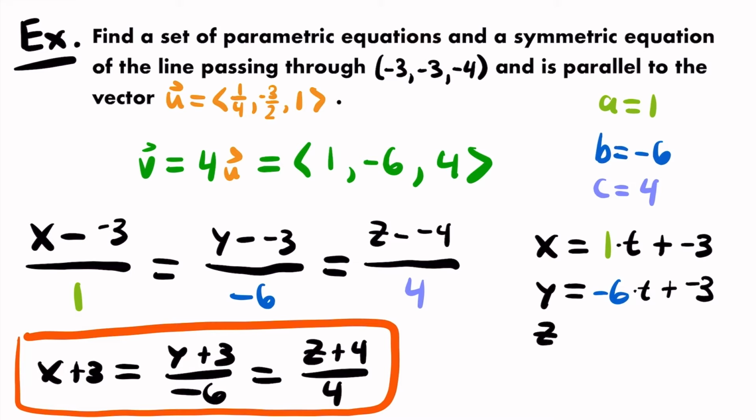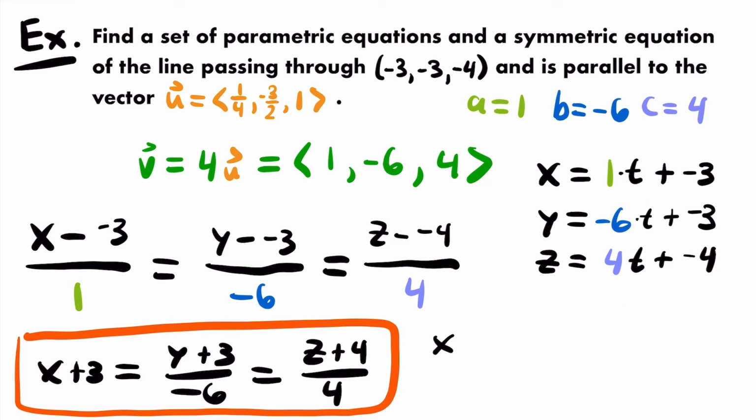And then for z, we will have c times t, the parameter. So I'll write 4 times t, and then we're adding the z coordinate from our point, which is -4. Okay, and then if we simplify what we have here, we will have that x is equal to t minus 3, y is equal to -6t minus 3, and z is equal to 4t minus 4.